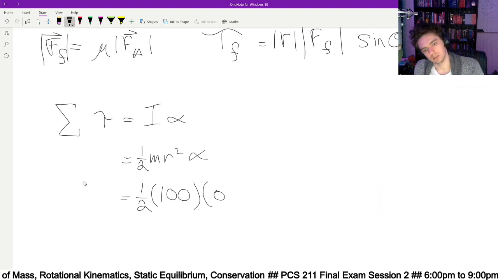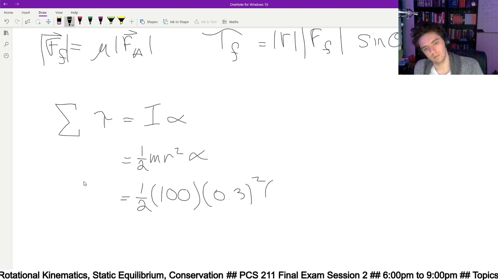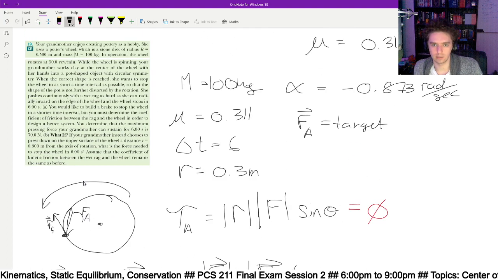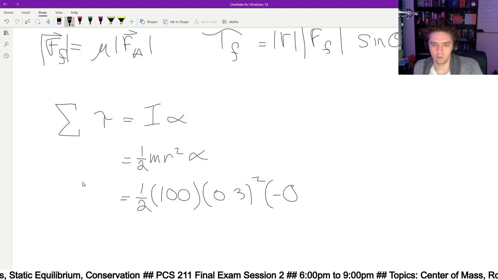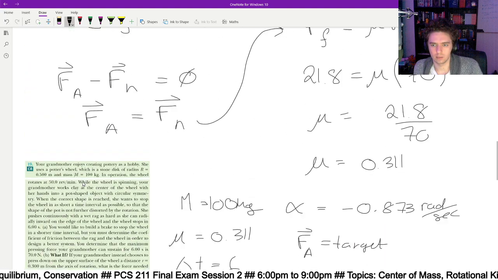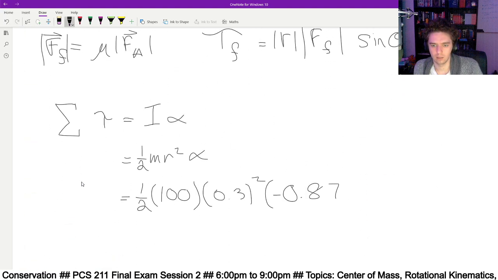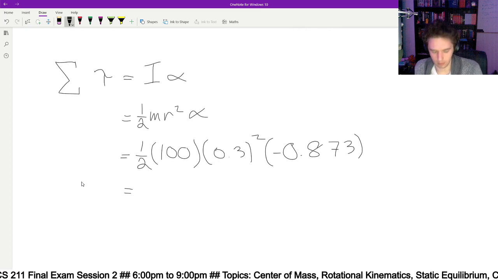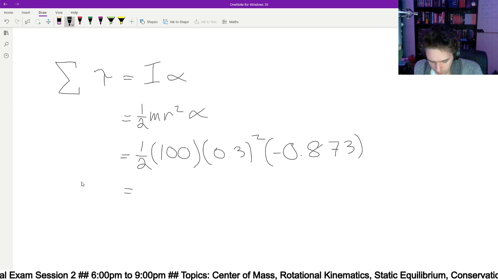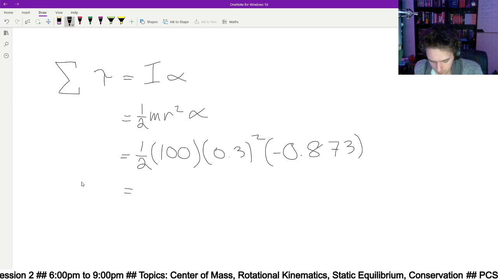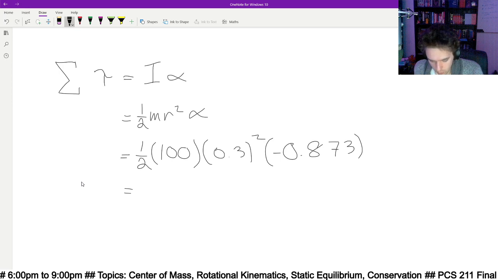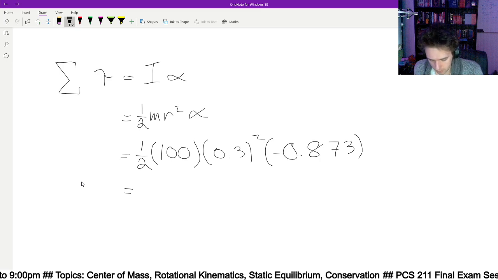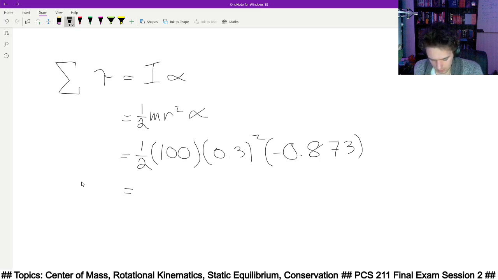So that's 0.3 squared times negative, and the angular acceleration was negative 0.873. Okay, so let's plug that all in. So it's going to be 50 times 0.3 squared times negative 0.873.